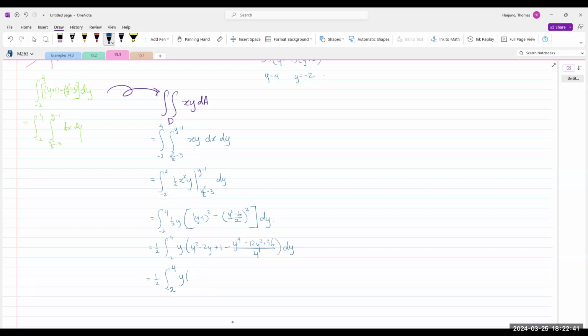So y times y squared minus 2y plus 1 minus 1/4 y to the 4th minus 3y squared. Actually not, it becomes plus, and then minus 9.